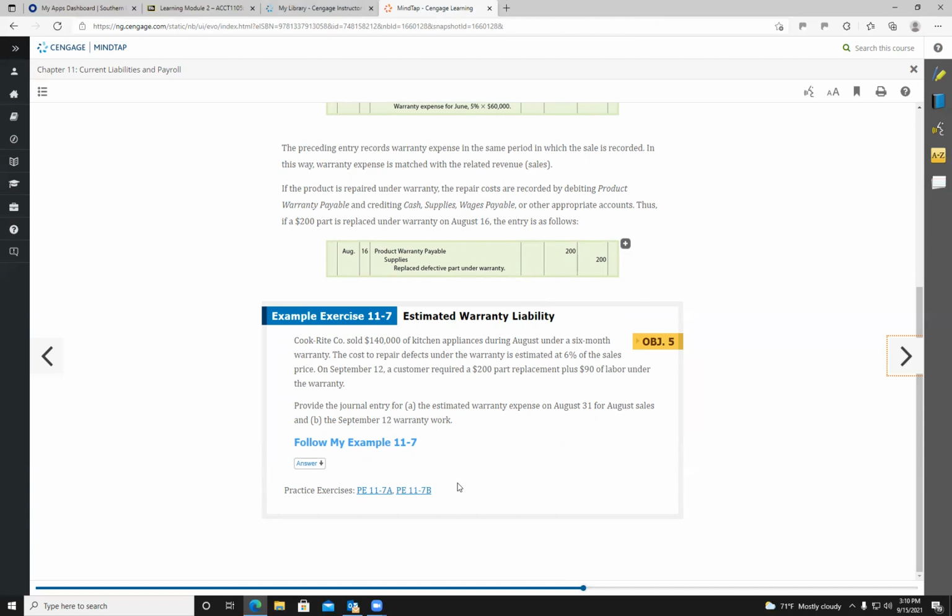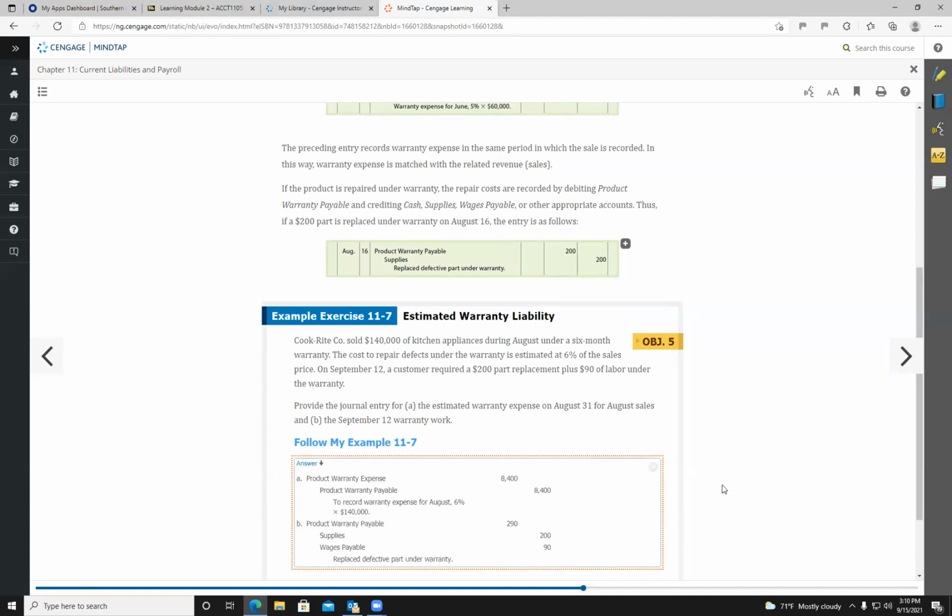On September 12th, the customer required a $200 part replacement plus $90 of labor under the warranty. It wants us to start by providing a journal entry for the estimated warranty expense, and then to show the warranty work in September. So let's look at both of these entries really quickly.